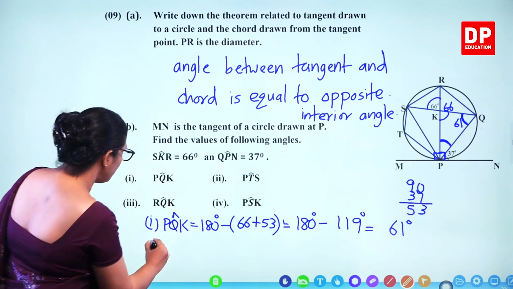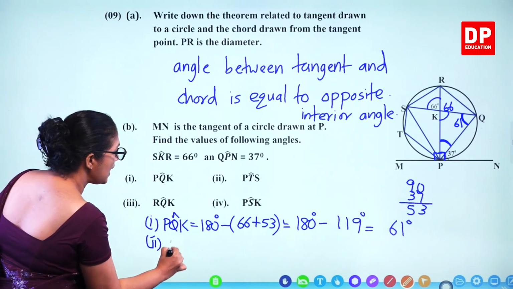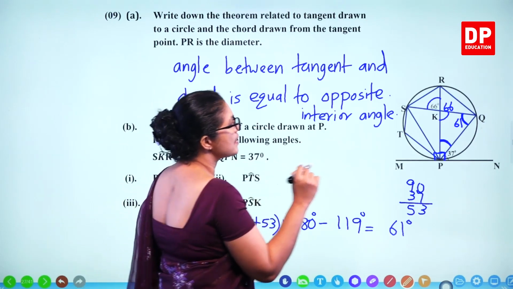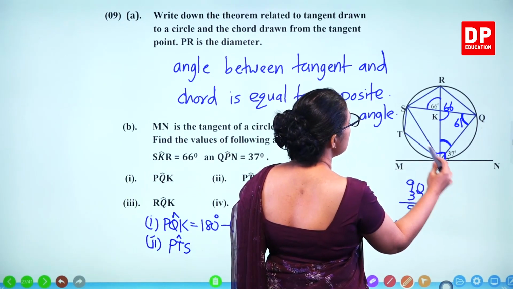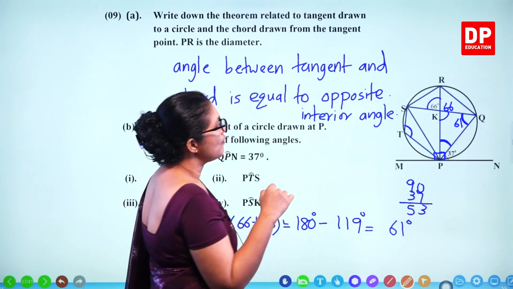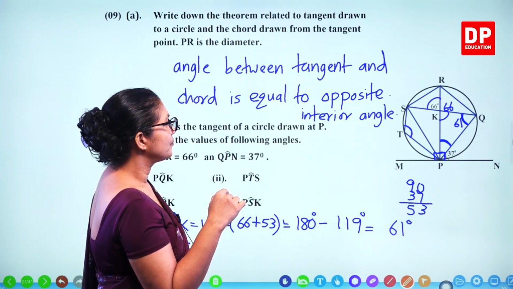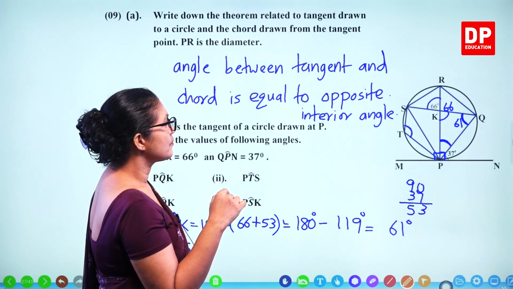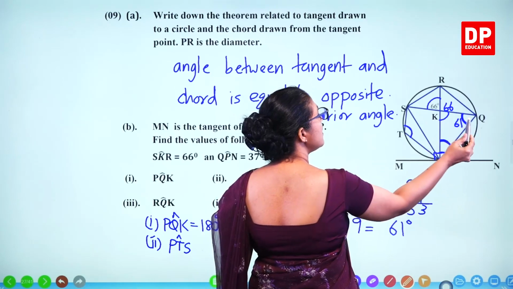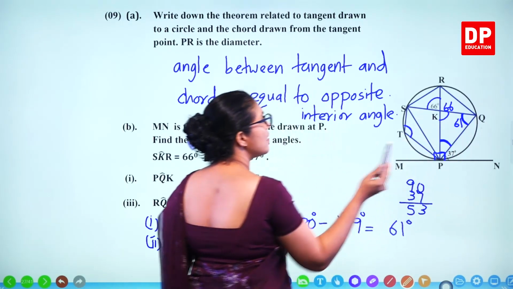Then the second one, PTS. This angle. How can we find that angle? Look at the quadrilateral SQPT. This is a cyclic quadrilateral.